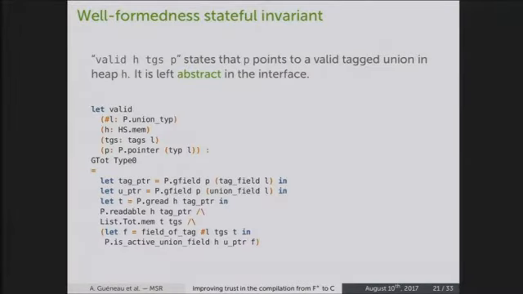Then the library defines a well-formedness invariant for tagged unions, which takes a heap, a list of tags, and a pointer to some data in the heap, and then asserts whether the data in the heap actually corresponds to a valid tagged union. It is left abstract in the interface, so the user never has to explicitly establish this invariant or destruct it.